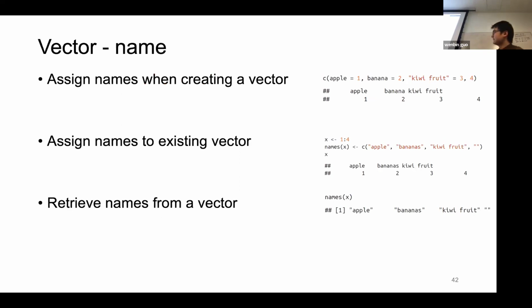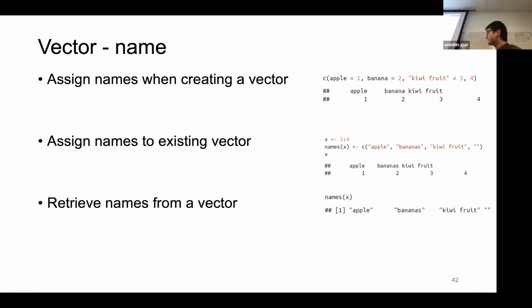Besides the length, a vector also has an attribute of a name. You can either specify the name when you first create a vector by using name and value pairs, which is a pretty standard naming convention.